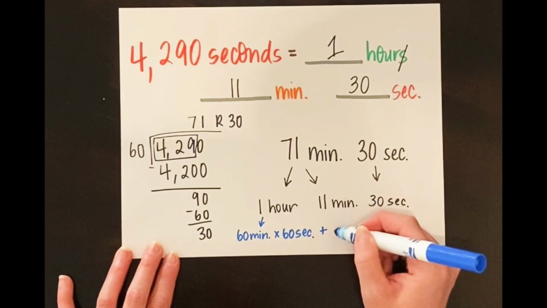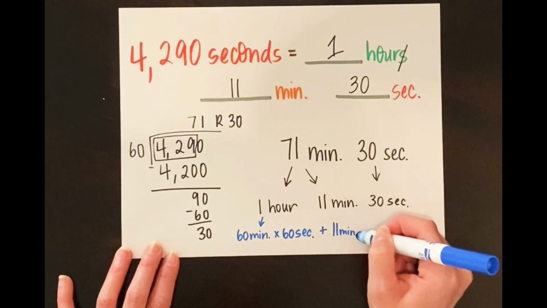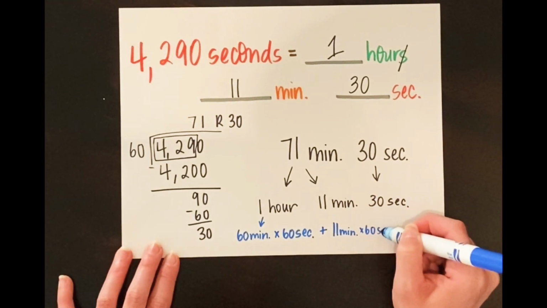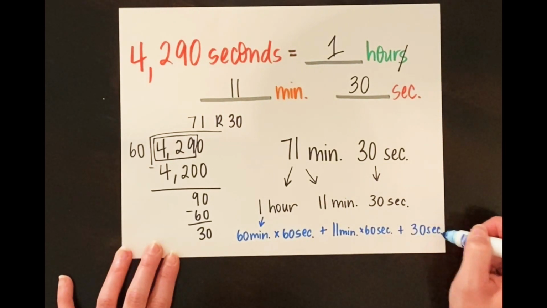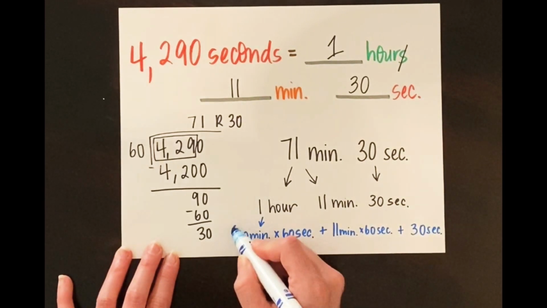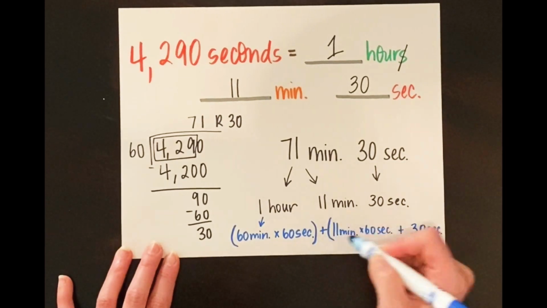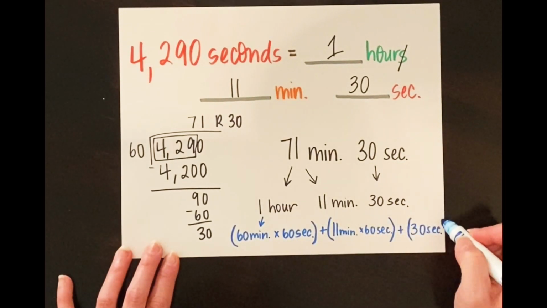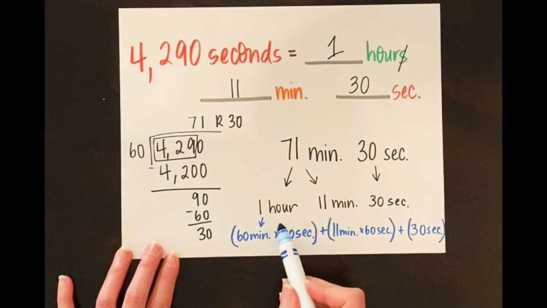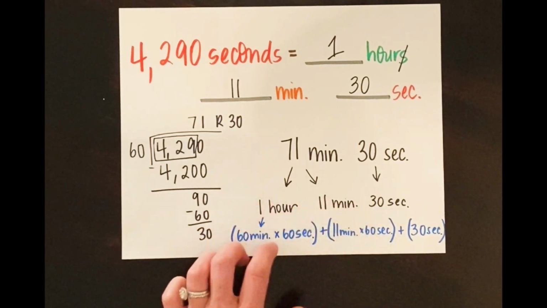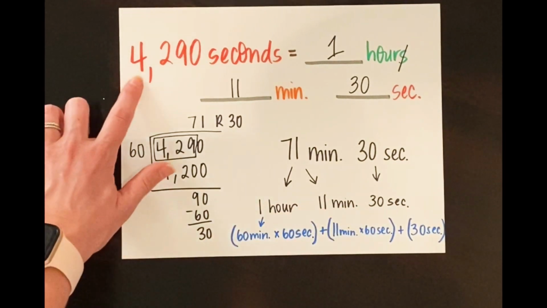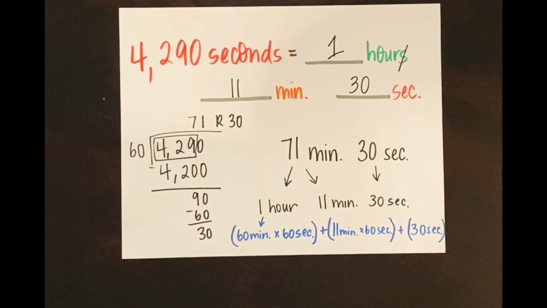You could add 11 minutes times 60 seconds, and then add another 30 seconds. So I'm going to put these in parentheses so you can see everything we're adding. But basically what I'm doing each time is I'm figuring out how many seconds are there in each of these pieces of time. And if I add them all together, it should bring me back to 4,290 seconds. And I did check my work and I did do everything correctly.